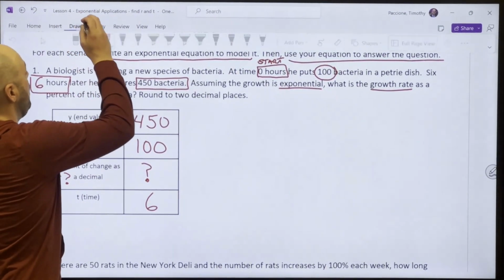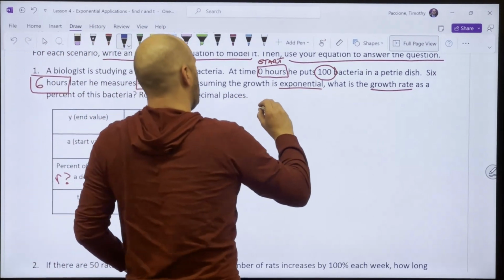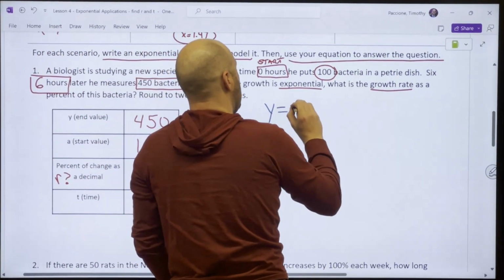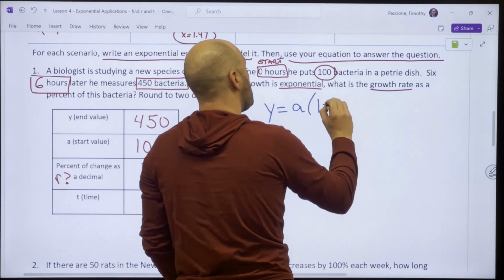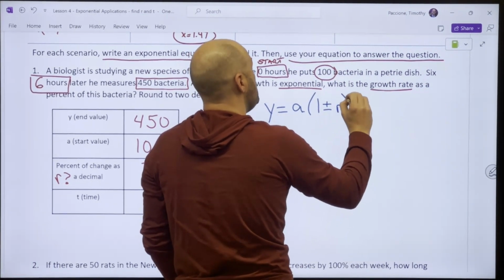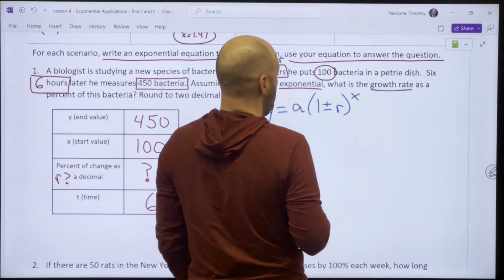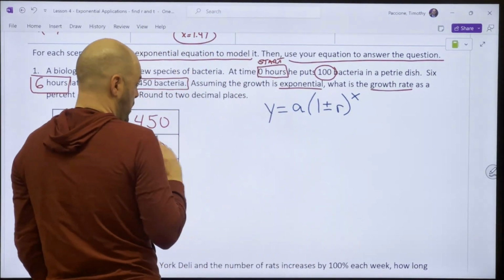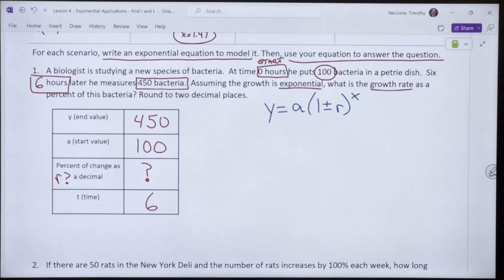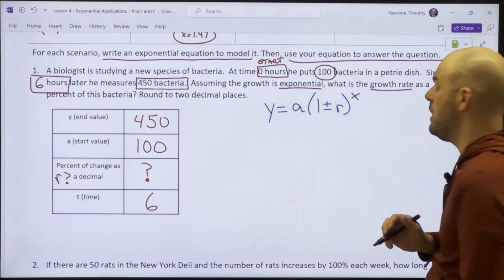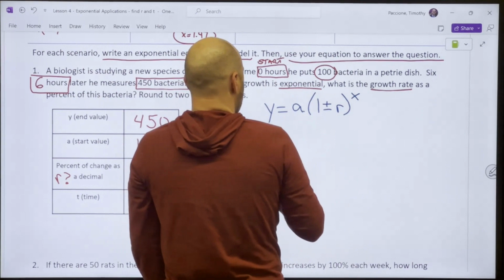When we're dealing with R, we use this formula. Y equals A times 1 plus or minus R to the X, okay? Now, we're going to plug in our pieces, but we also have to make a decision about that plus or minus. Is this going up or down? Up. So it's going to be plus.